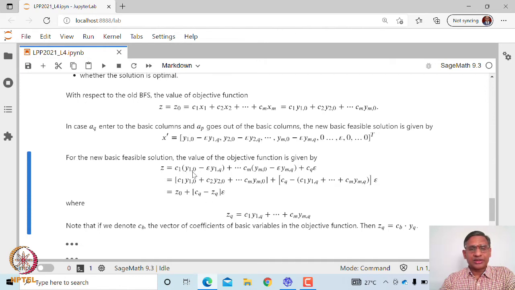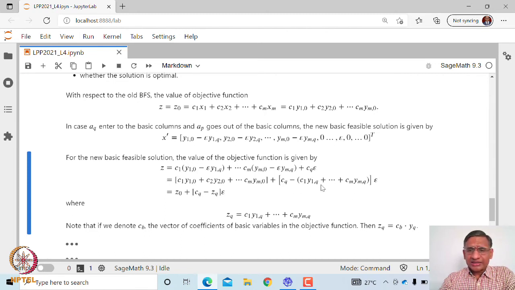Now you can collect the first components from each of these brackets, and that becomes C1 y10 plus C2 y20 plus dot dot dot Cm ym0, which is nothing but z0, the current value of the objective function. The remaining thing is Cq minus all the coefficients of epsilon, that is Cq minus C1 y1q plus dot dot dot Cm ymq, the whole thing times epsilon.